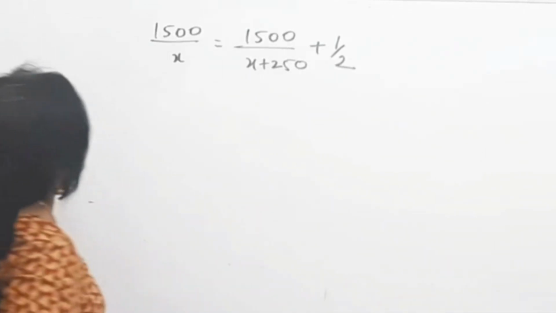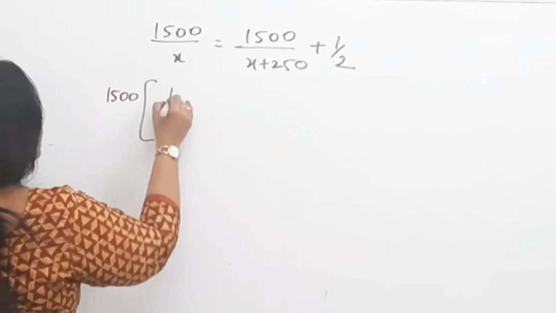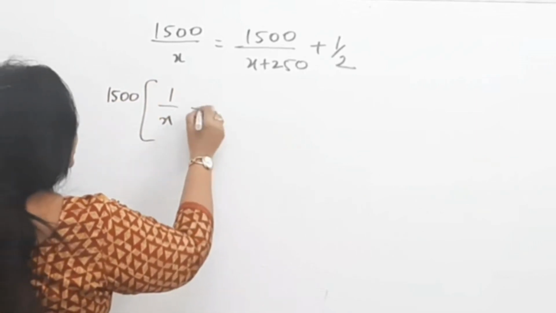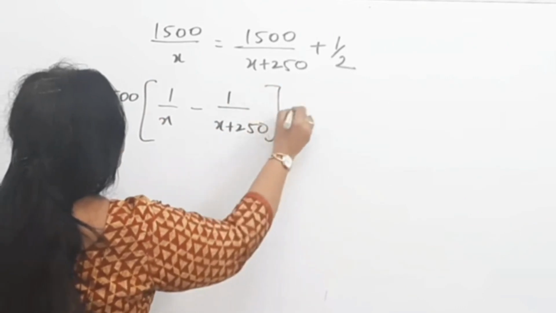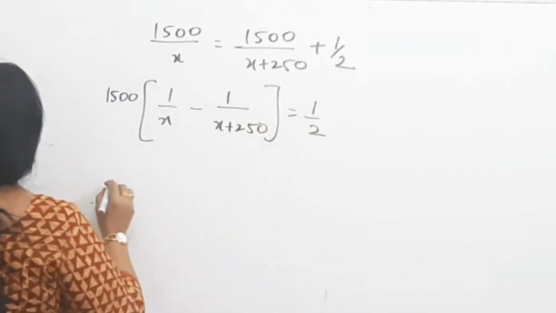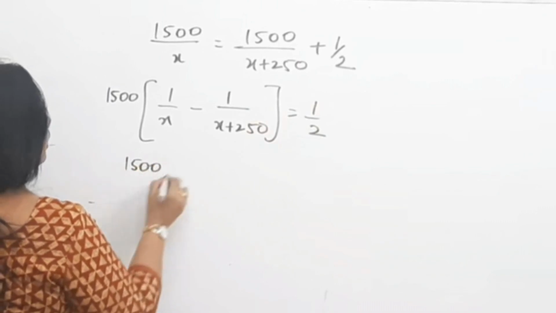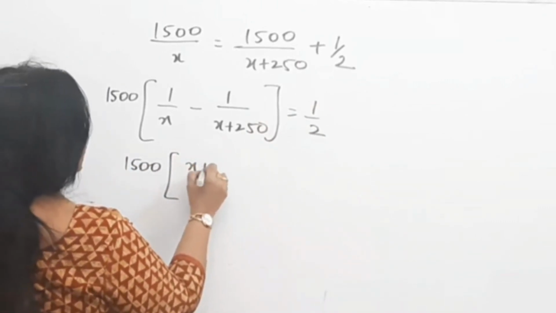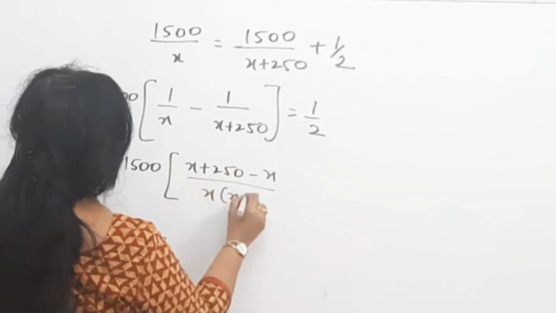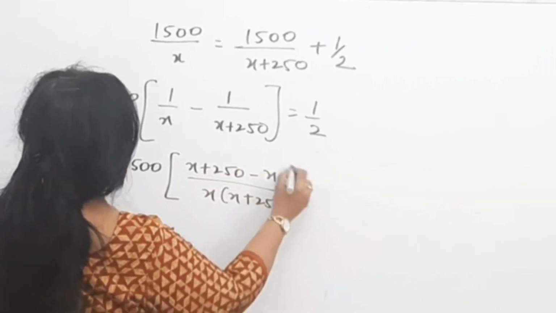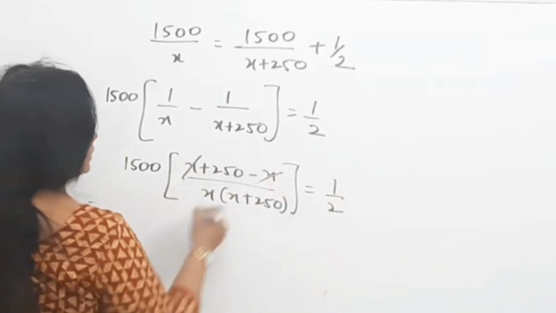I take 1500 out, so this becomes 1 by x minus 1 by x plus 250 equal to 1 by 2 by 1500. So I have 1500 into x plus 250 minus x divided by x into x plus 250 is equal to 1 by 2, so this gets cancelled.